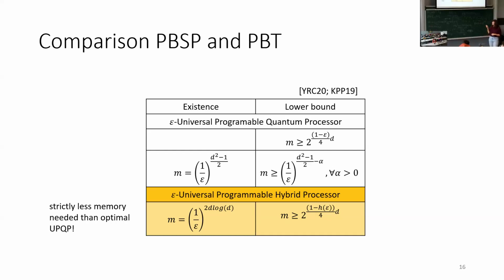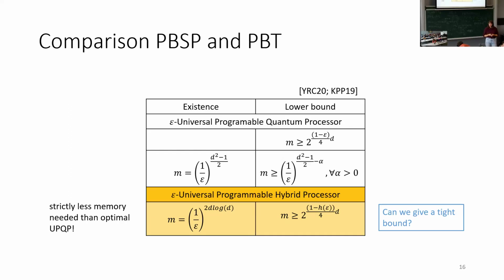It's just that the tools used for quantum processors don't really work in this setting. So the question is, can we give a tight bound for this? That seems related to the tightness of Nayak's bound.